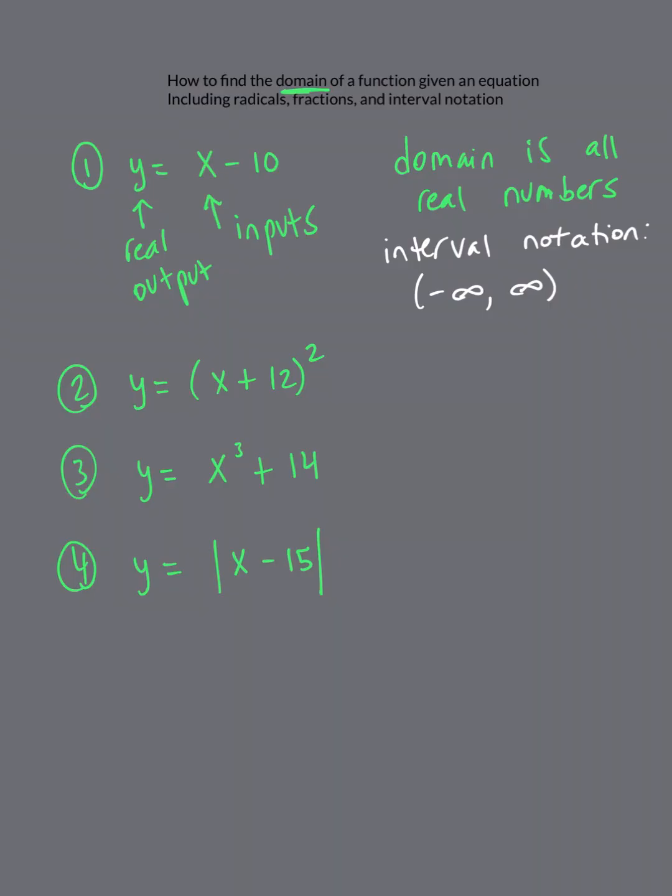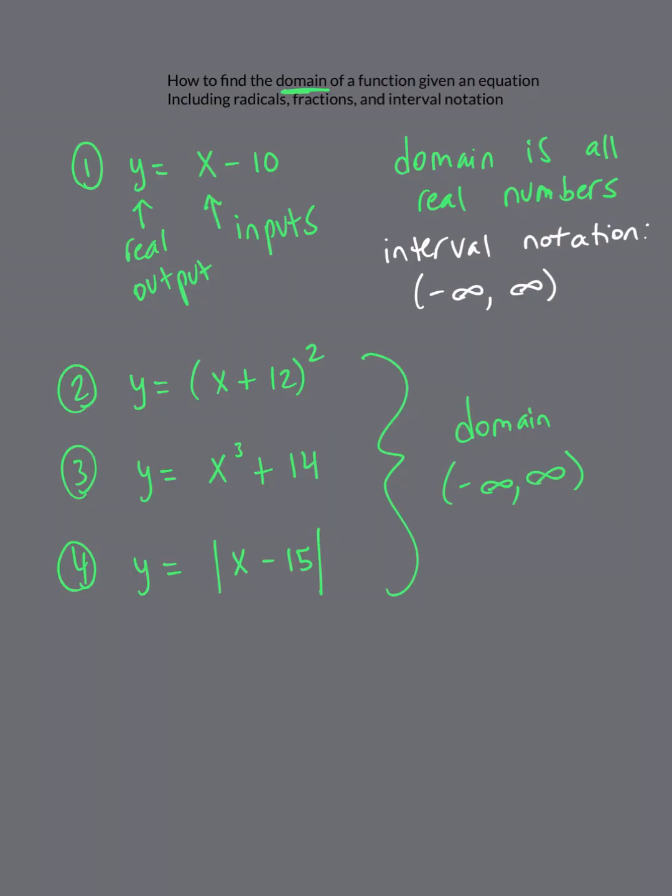Again, you could plug in anything for x and get a real output. What about number 4, y equals the absolute value of x minus 15? You could plug in any number for x. So in all of these cases, your domain is all real numbers, or negative infinity, comma, infinity with parentheses.